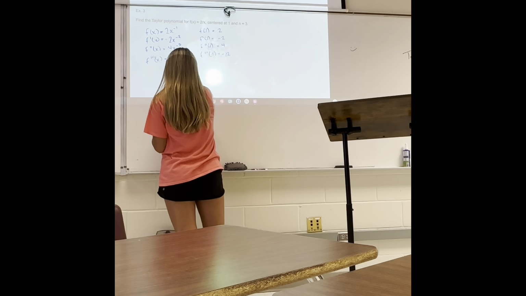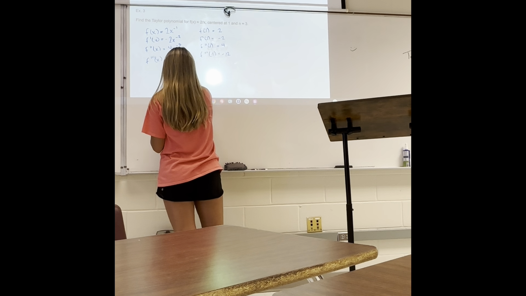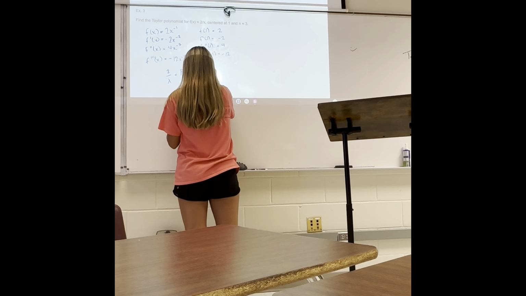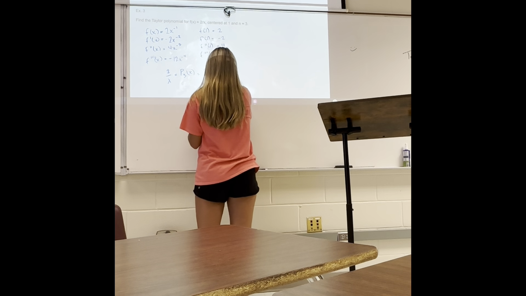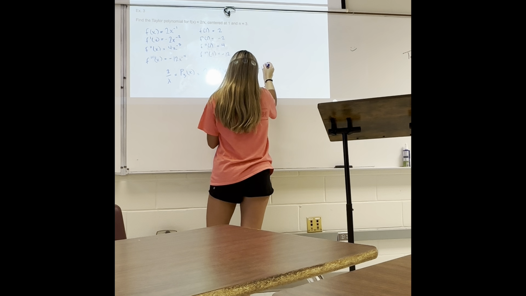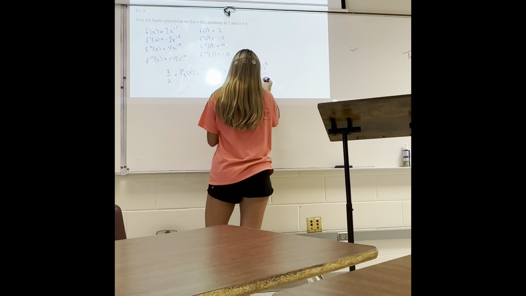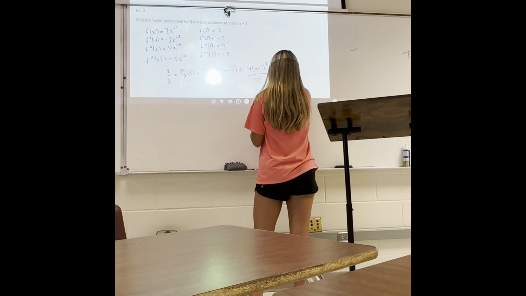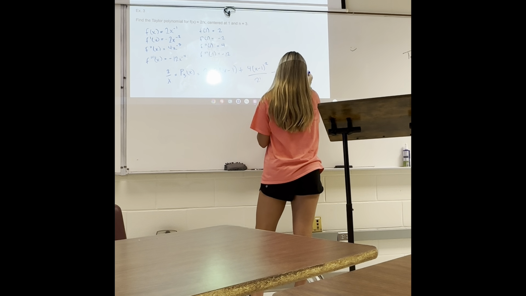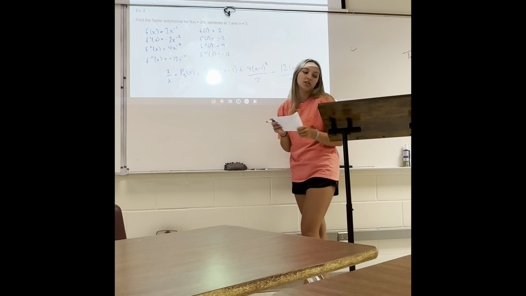So you would get 2 over x equals p3 of x, since we're finding our third term, equals 2 minus 2 times (x minus 1) plus 4 times (x minus 1) squared over 2 factorial, and then minus 12 times (x minus 1) cubed over 3 factorial. And then you can simplify that to get to your final function.